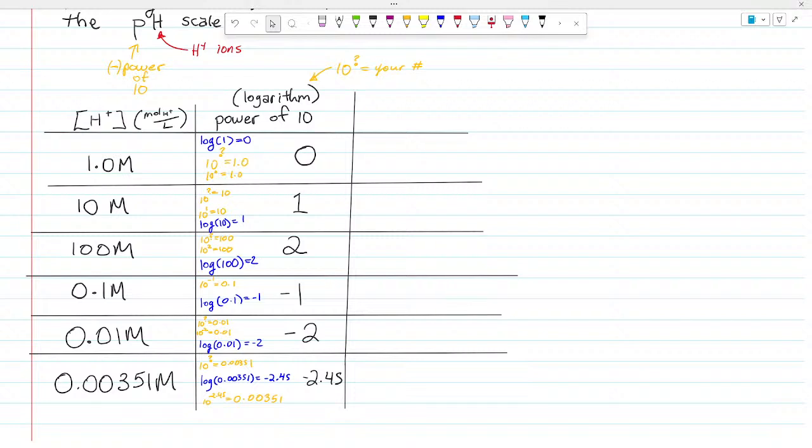And so, rather than get negative numbers every time we do this, scientists don't just take the log, they take the negative log. So when we do the pH, we take the negative log of the concentration of H+, which is going to just be this same number, but negative.